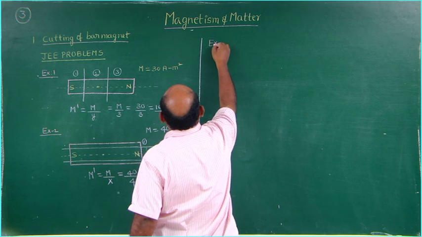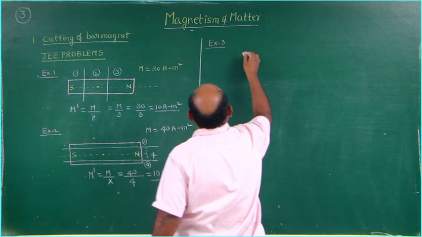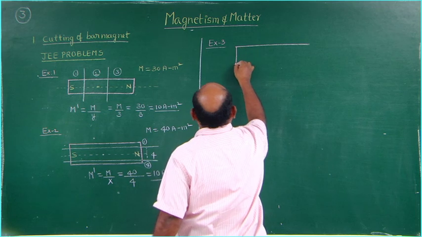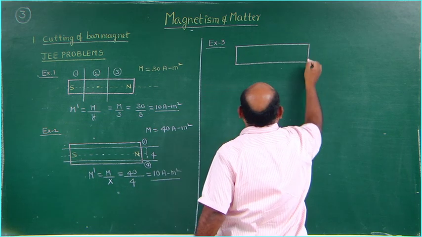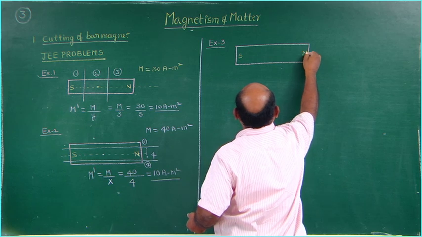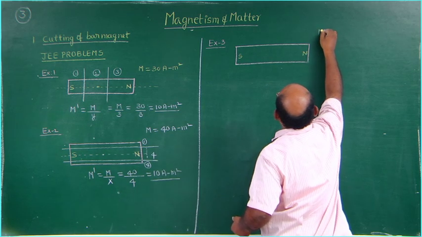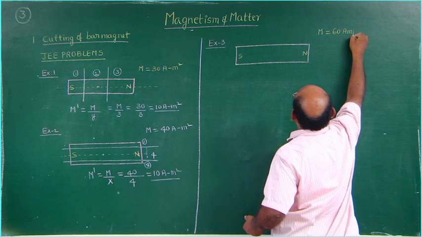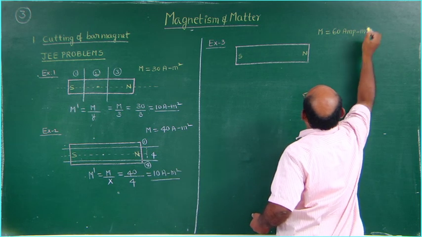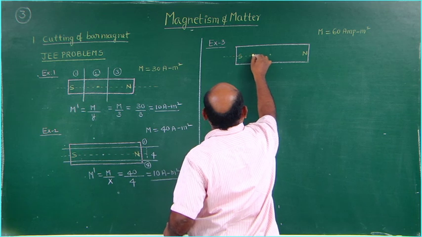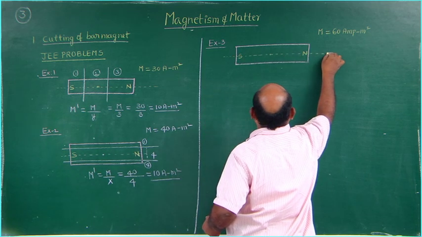Now example 3. This is the bar magnet, with the south pole and north pole as shown in the figure. The magnetic moment of this bar magnet is 60 ampere meter square. This is the center of the bar magnet, and of course this is the axial line.